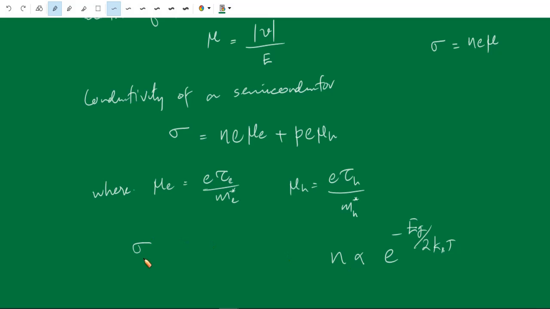So therefore the conductivity increases, or the resistivity decreases. Therefore, semiconductors have a negative temperature coefficient. So this is about the intrinsic carrier concentration and conductivity. We will continue our discussion on semiconductors in the next class.